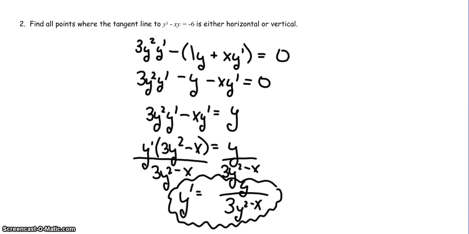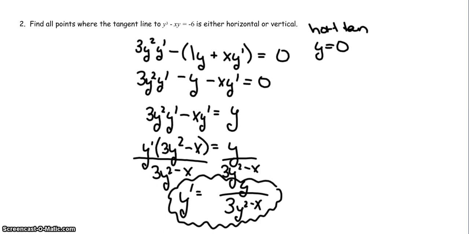Okay, so how does that actually help answer the question at all? So if I have a horizontal tangent line, that means the numerator is equal to 0. So I say y equals 0. So far, so good. Well, I need to have a point, so I'm going to plug that new 0 into the original.